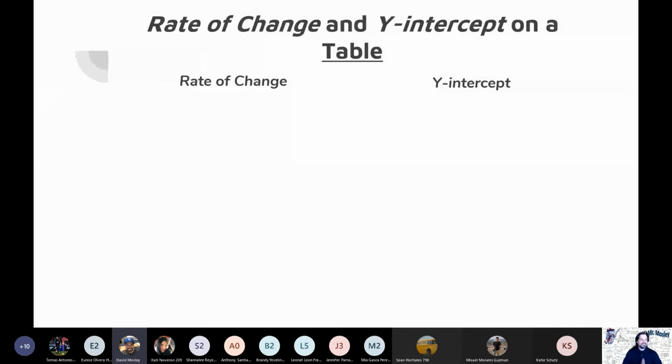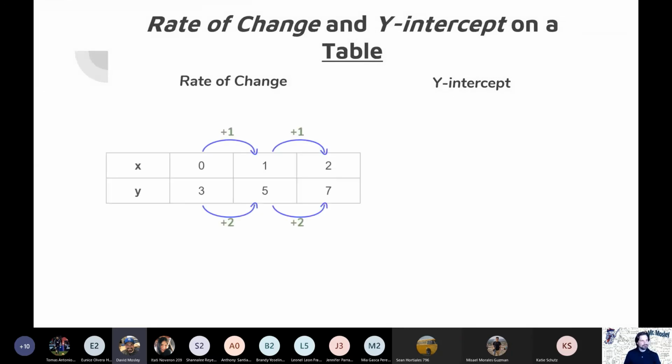All right. To see the rate of change in y-intercept on a table, we have these two examples. So the rate of change on this table, we have for every 1 unit change in x, we have 2 added to y. 1 more in x, 2 more in y.